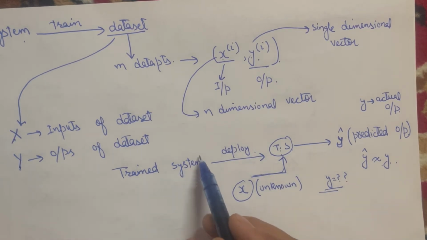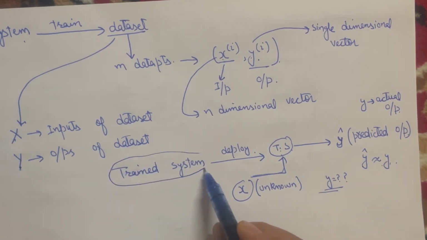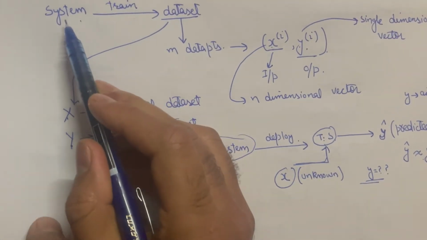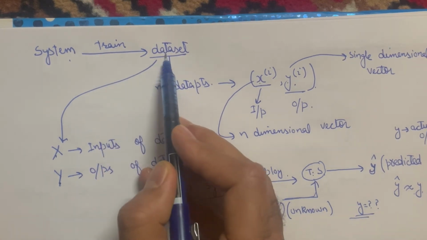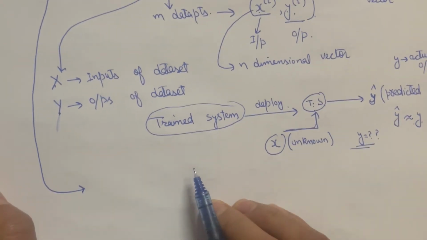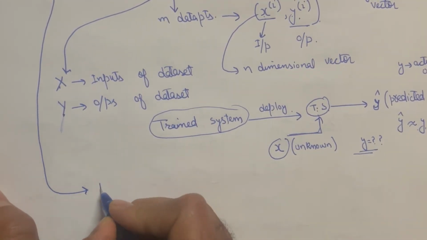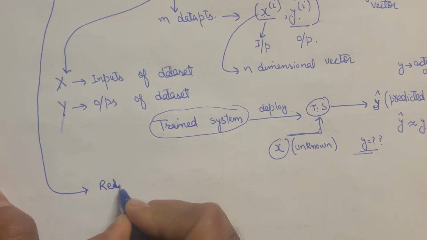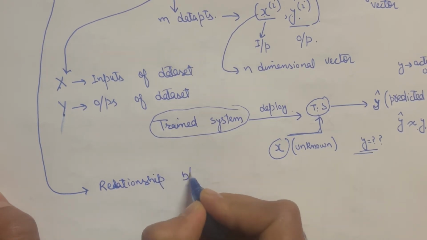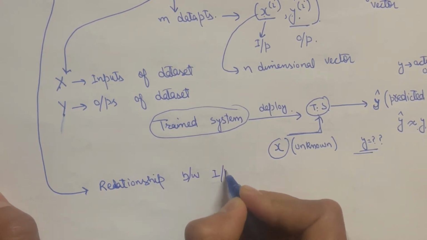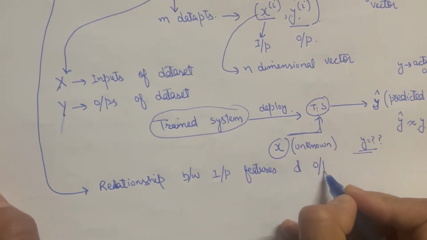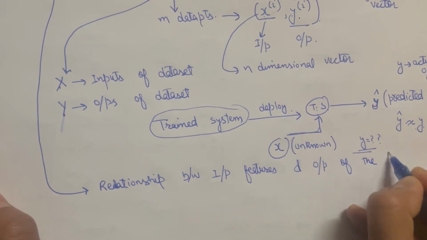Now we want to see how we can train our system. Basically, when we are saying that a system is trained on a data set, what this system is doing in supervised learning is that it tries to find a relationship between input features and output of the data set.